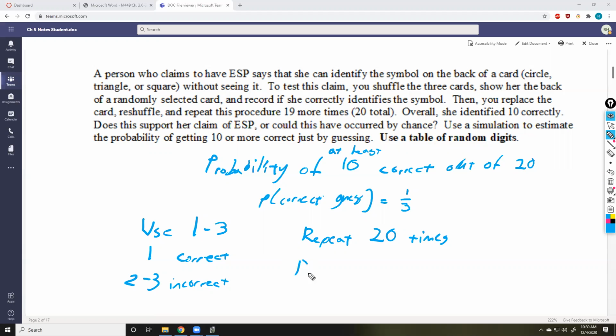And we're going to answer, did she guess at least 10? Because that's what we're asking, is how remarkable is this? So we're keeping track of how many were correct out of the 20.